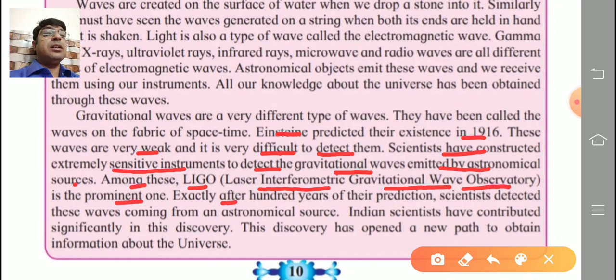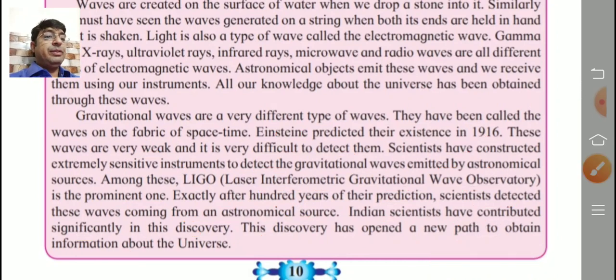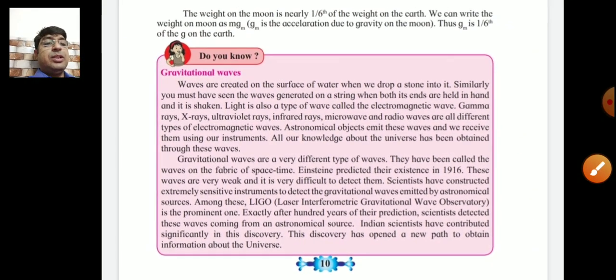Exactly after 100 years of their prediction, scientists detected these waves coming from the astronomical sources. Indian scientists have contributed significantly to this discovery. This discovery has opened a new path to obtain information about the universe. So this is the extra information given for us.